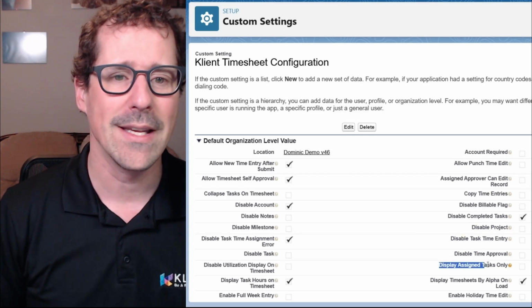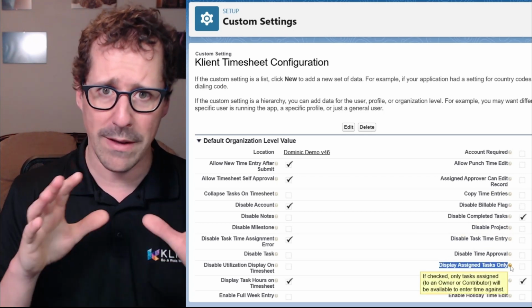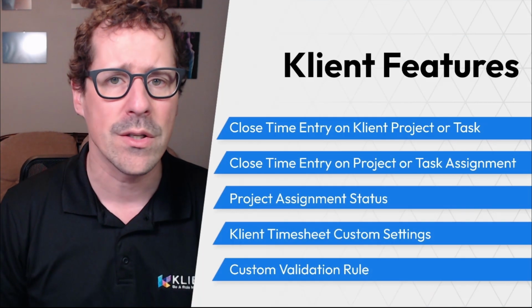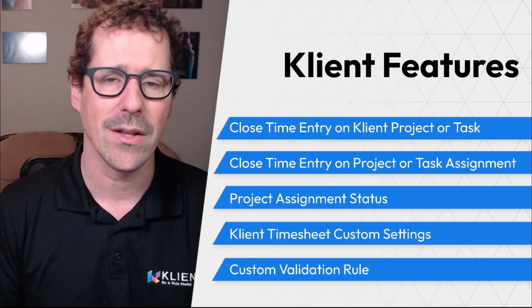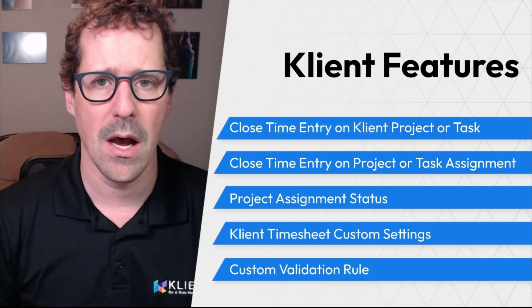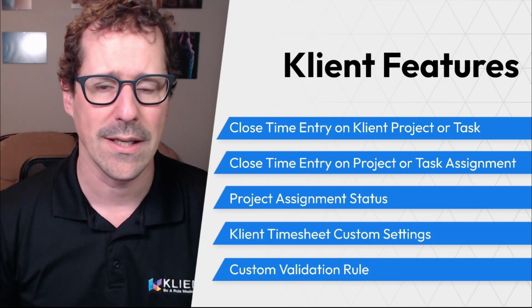The other one is display assigned task only. If you want to be very prescriptive on how people are logging their hours and you enable this, the resource would only see assigned tasks in their dropdown, so you can reduce mistyping errors so that they're only logging time on tasks that they are actually assigned to.